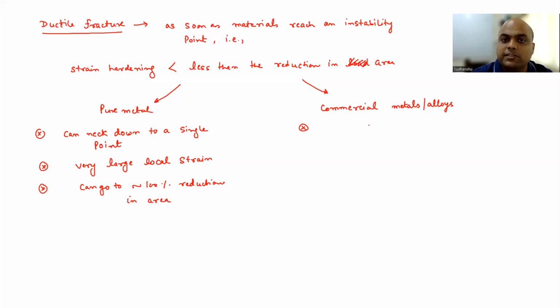Whereas when we have commercial metals and alloys, you are going to see cup and cone failure. It is going to fail at a lower strain as compared to pure metal.